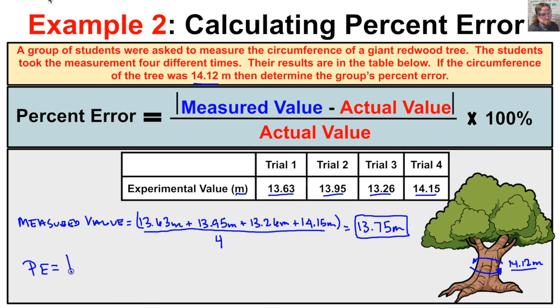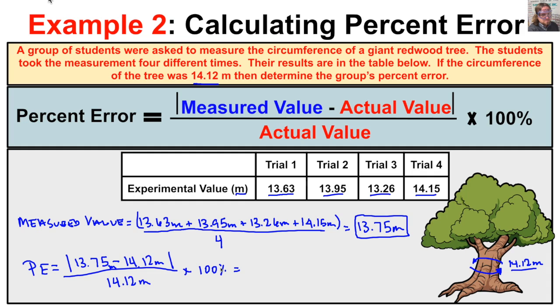So let's take the absolute value of our measured value, 13.75, minus our actual value, 14.12 meters. We're going to divide this by our actual value, 14.12 meters, and then multiply by 100%.